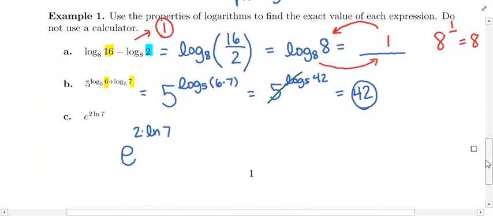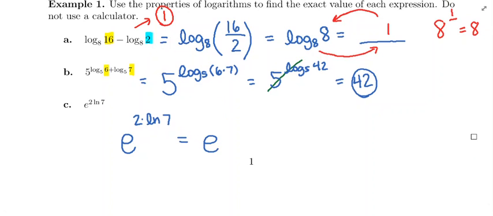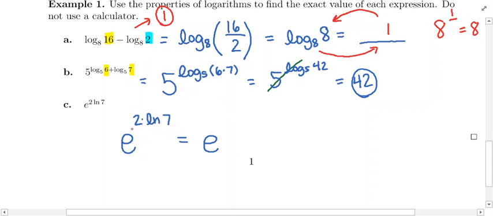So this is going to become e. We're working with the exponent. Since it's a number times a logarithm, we can take this number in front and bring it up as the power of the 7. So this is going to be e raised to the natural log of 7 squared. 2 becomes the power on 7.